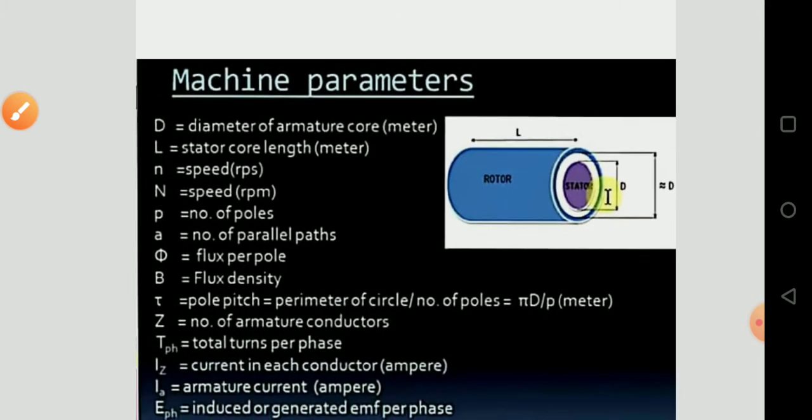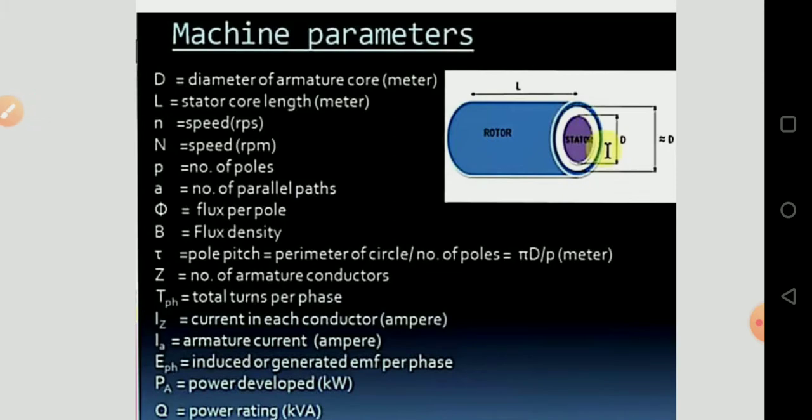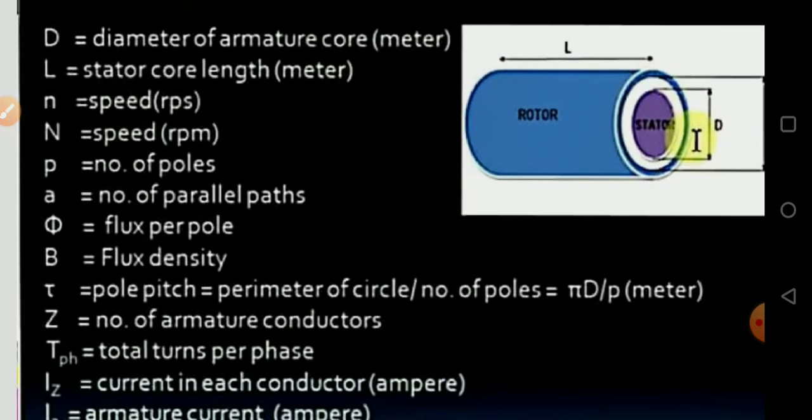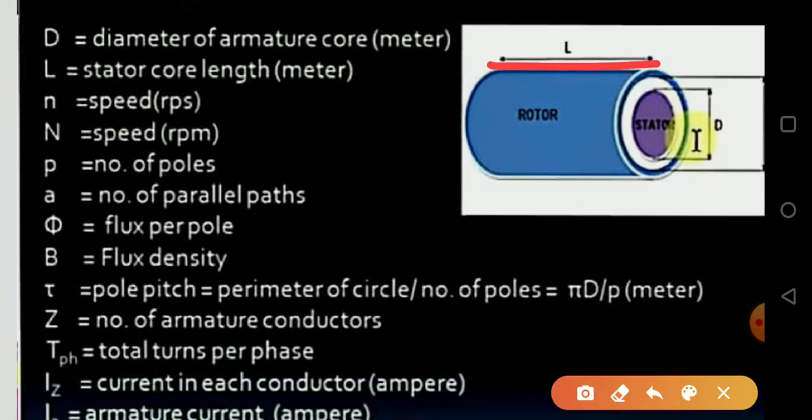So D is used for the diameter of the armature core in meter, and L is the length of the core. Small n is the speed of machine in RPS, and capital N denotes the speed of the machine in RPM.